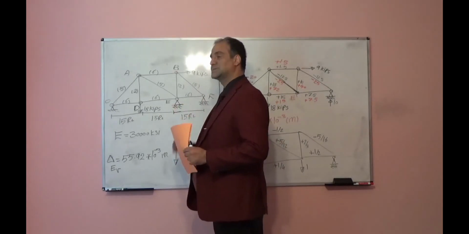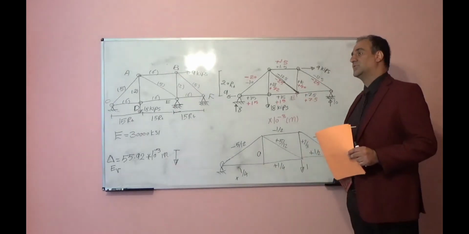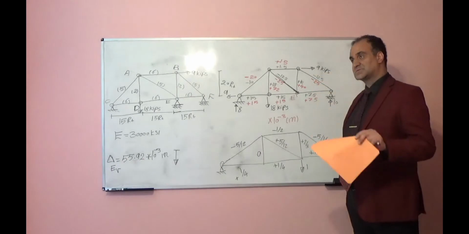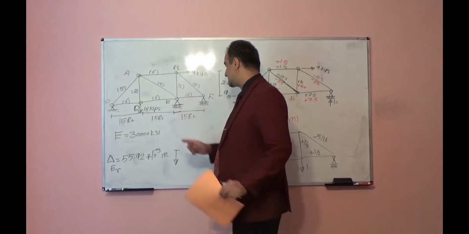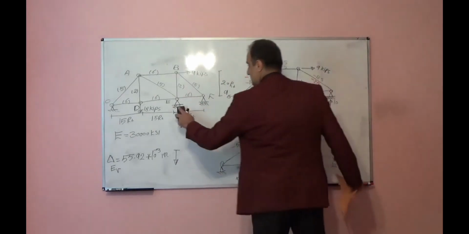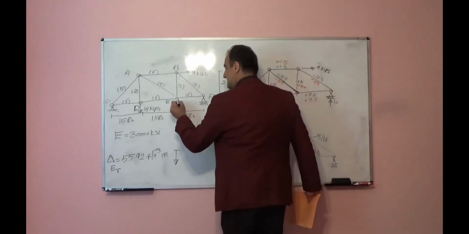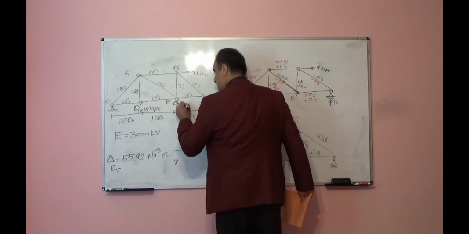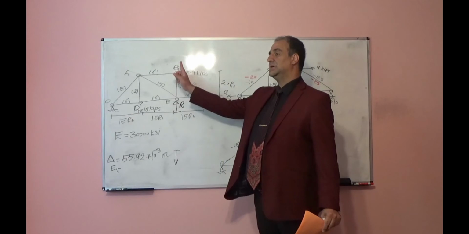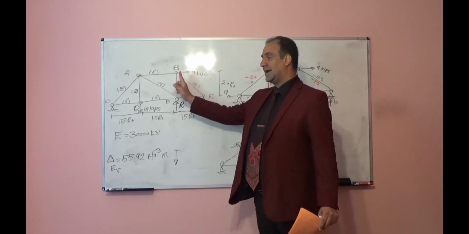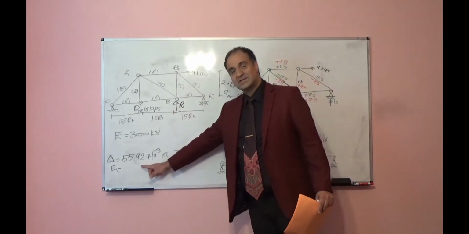But we have a support here. If we have support, what will happen? That support will not allow point E to deform downward. Why? Because if this point wants to move down, this support reaction will resist against that with the support reaction force of R, and it will move point E upward, and that displacement at point E should be equal to this displacement.